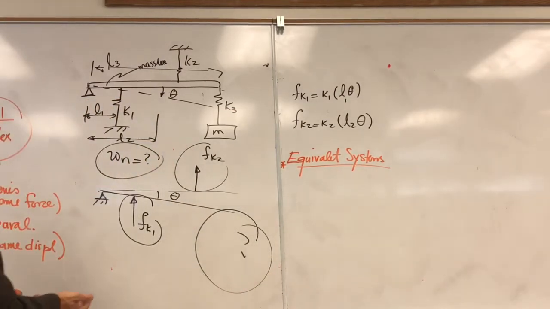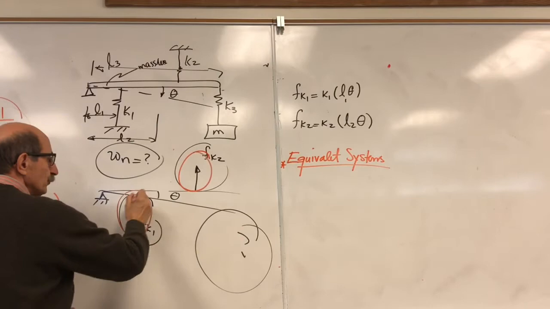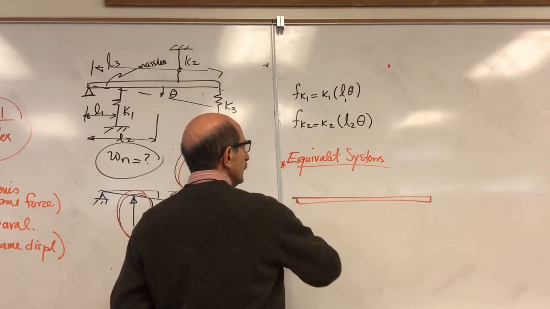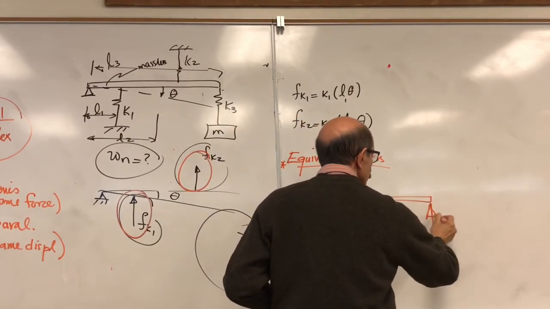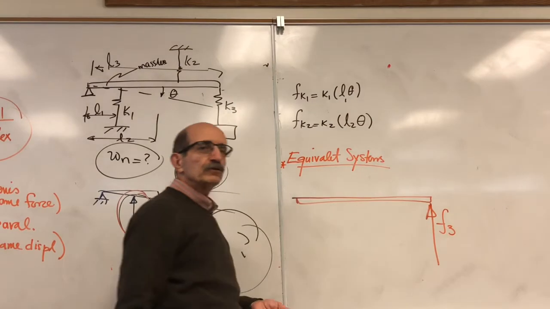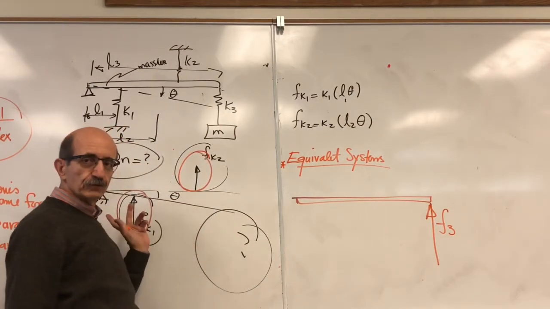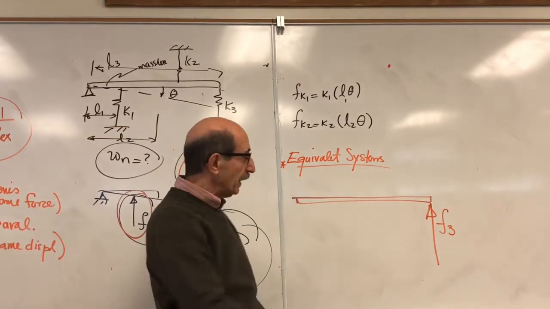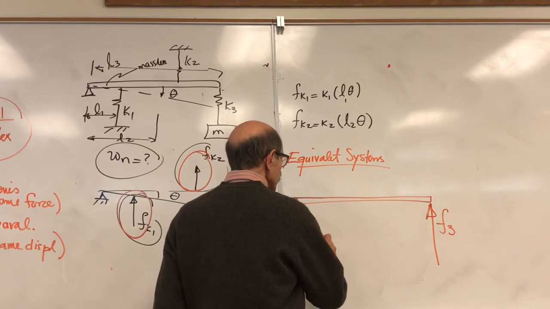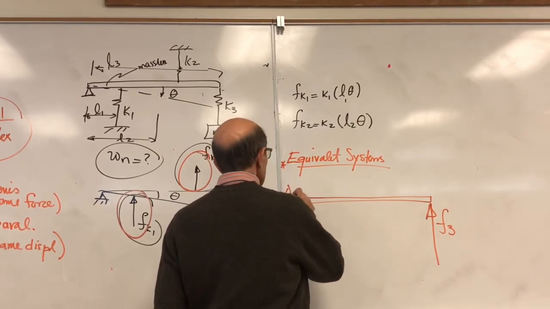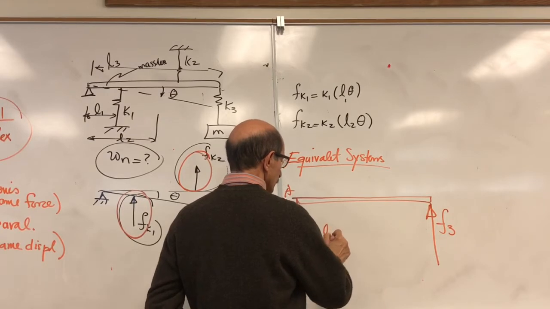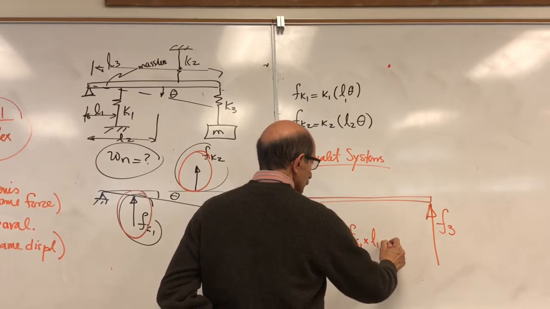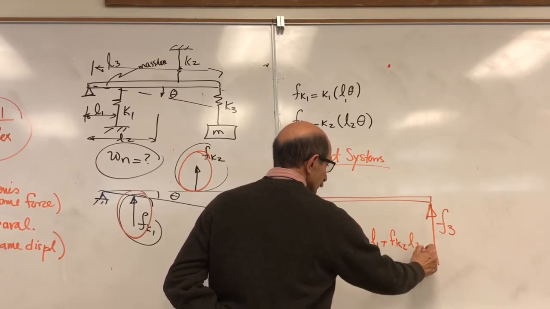What I'm going to do is replace these two forces and put a force F3, which is equivalent to the action of these two, but acting at that point. In order to do that, you need the moment of this force about this point A. In other words, F3 times L3 should be equal to F of K1 times L1 plus F of K2 times L2.